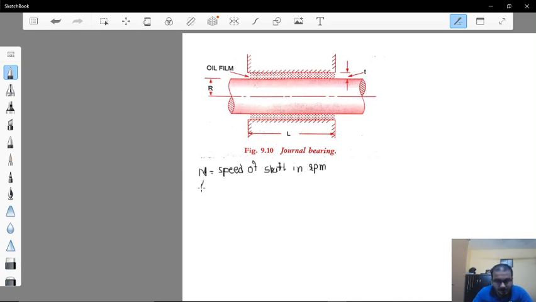T is equal to thickness of oil film. L is the length of oil film.